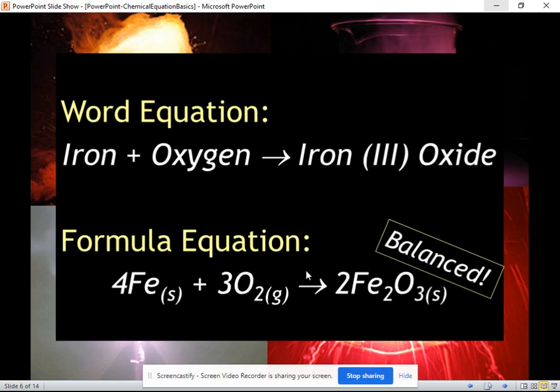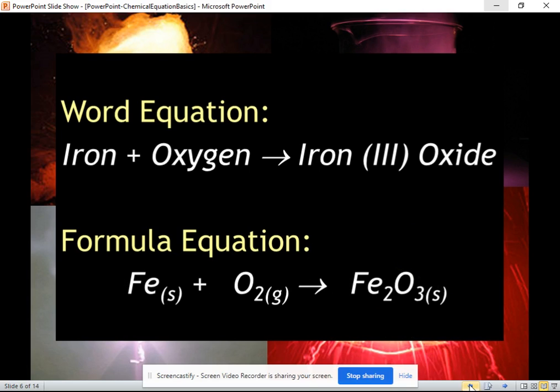Now, that was the unbalanced version of that. I'll just go back here quick. If you remember from last week, the Fe over here, I have 2 over here, so that's not balanced. My O2 here, I have 3 here, that's not balanced. So remember that I have to use coefficients to balance them. You don't have to write this in.